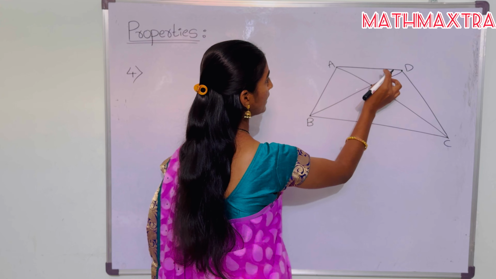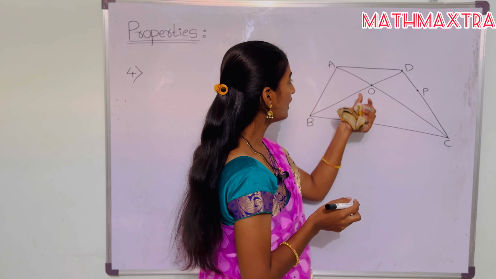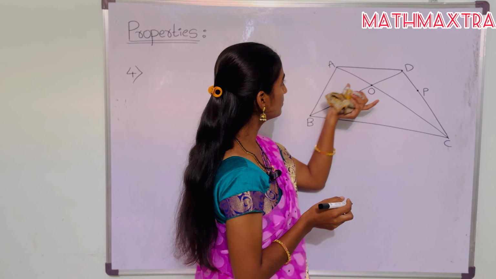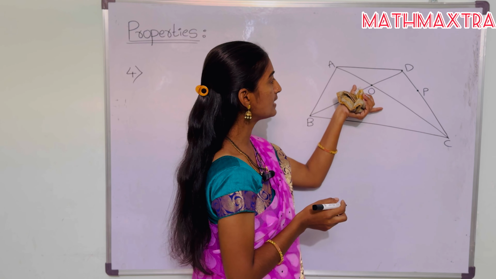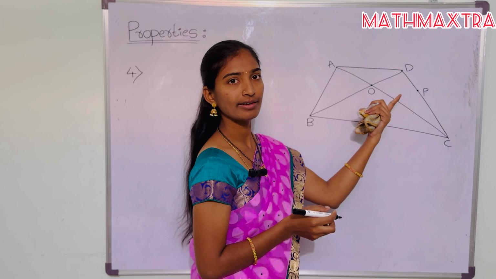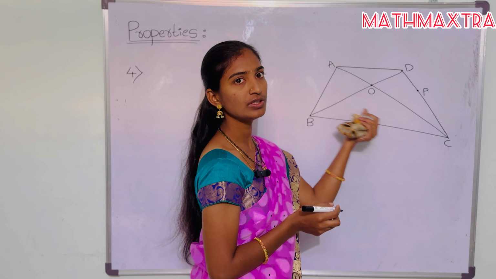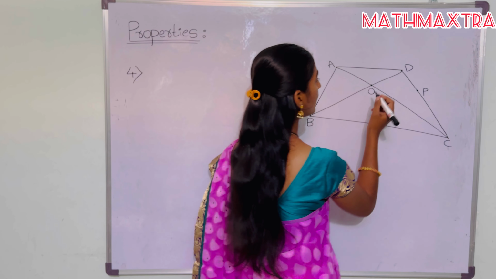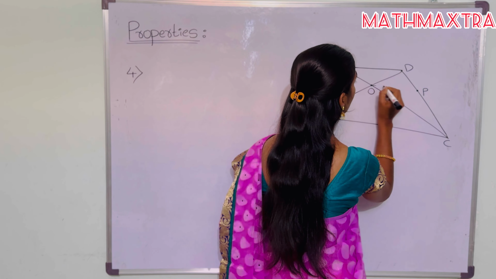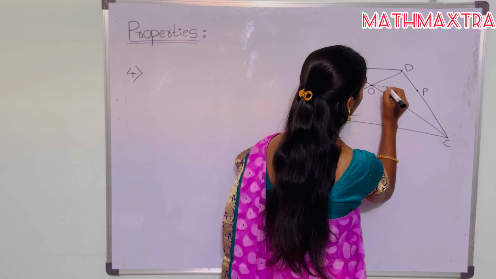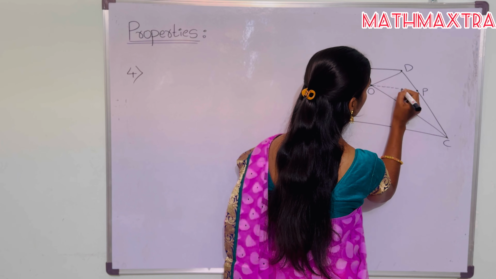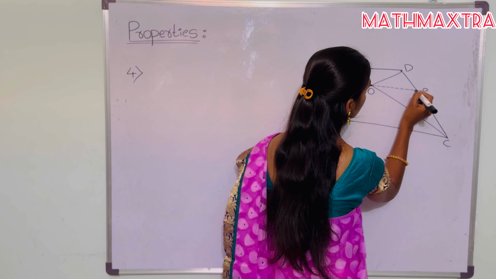You take a trapezium, and BD and AC are the two diagonals of the trapezium, and this O is the intersection point of these two diagonals. I am drawing a parallel line from the intersection point of the diagonals to one side.